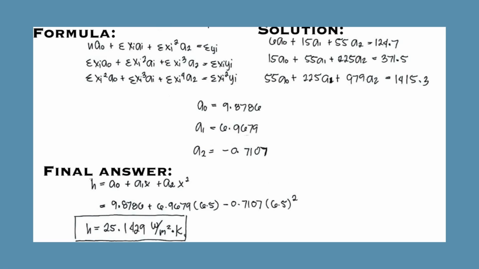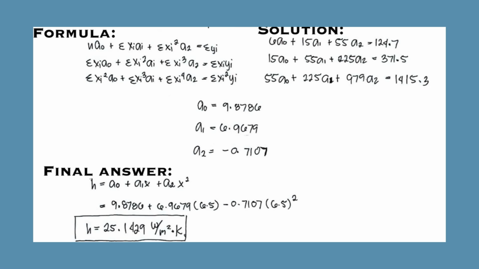So we can use this formula: n a sub 0 plus summation x sub i a sub 1 plus summation x sub i squared a sub 2 is equal to summation y sub i.